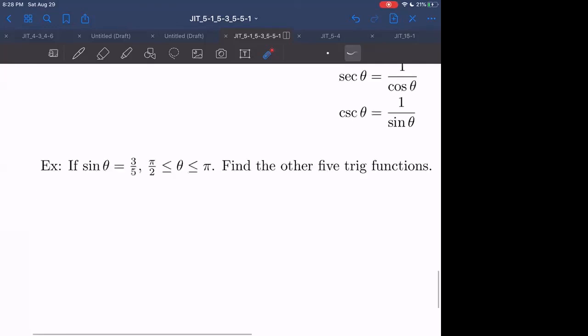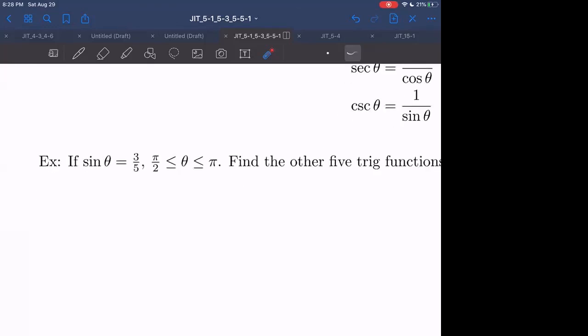So let's say we're given sine of theta is equal to 3/5. Okay, and we're looking at it on this interval from pi over 2 to pi.